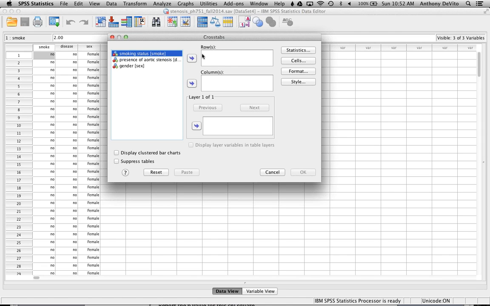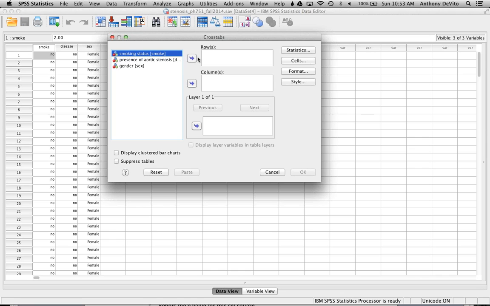So usually I like to put the exposure in the rows and the outcome, like disease or no disease, in the columns. Okay, kind of mimics what we did with the diagnostic testing, right? We always put the disease, yes or no, on the columns, and we put whether a diagnostic test was correct, was positive or negative in the rows.